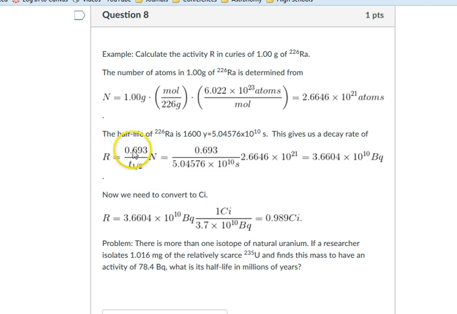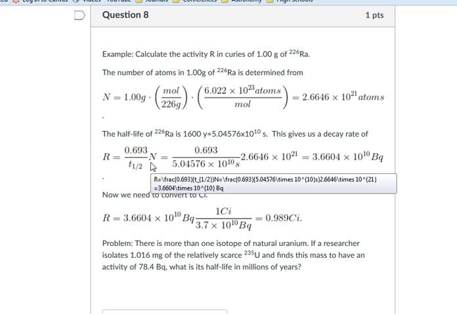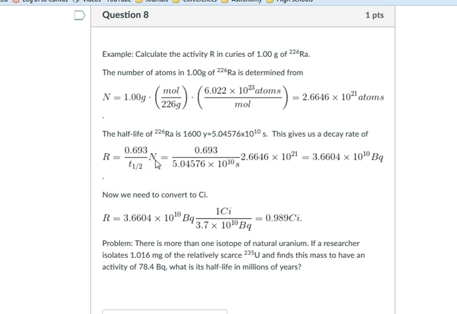And so the activity R in becquerel equals 0.693 over the half-life times the number of atoms. In this instance, we know R, that's the 78.4 becquerel. We don't know T sub 1/2. So T sub 1/2 is 0.693 times N over R. We know N from up here. So N over R times 0.693 gets us to the half-life.